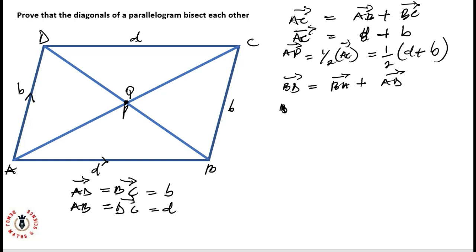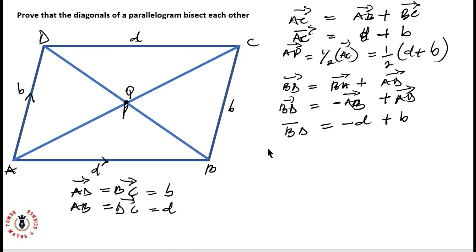So that line BD will be the same thing as minus AB plus AD. This is AB. So that the vector BD will be the same thing as minus D plus B.